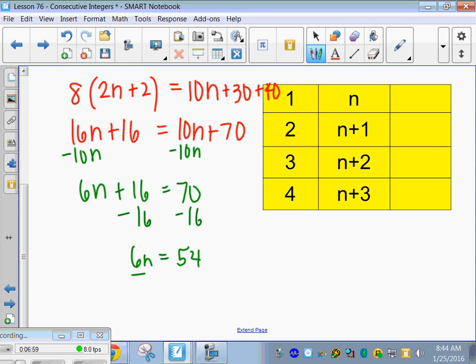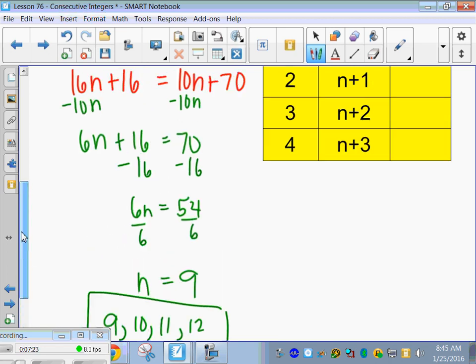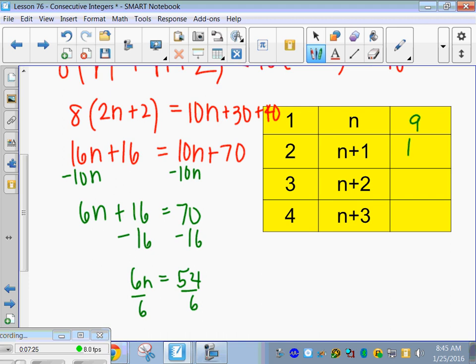Okay. Divide by 6. Anybody got that? Drew? 9. All right. Now don't forget we're doing a consecutive integers problem. So we need 4 of them. So my answers are going to be 9, 10, 11, and 12. It does sometimes help to make this chart if you want 9, 10, 11, and 12.